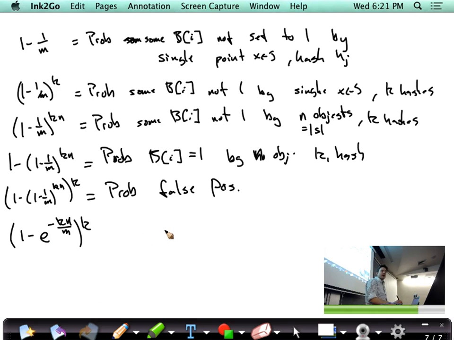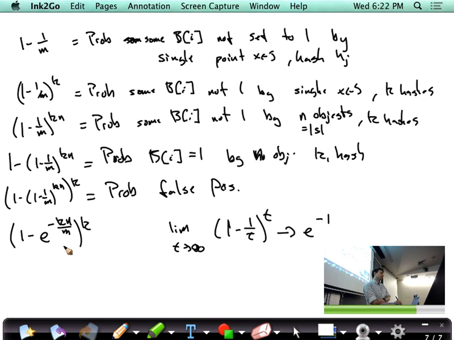There's this trick that the limit as t goes to infinity of (1 minus 1 over t) to the power t essentially goes to e to the minus 1. So then this m down here goes to a 1 over m here, and that's how I end up with an e. So I can take out this weird term and replace it by e to the minus something. Okay, so this is a little bit easier to do.